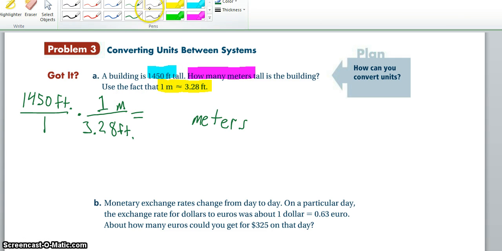Take that from someone with experience. So I always advise you to use these labels. When we multiply through, we get 1,450 divided by 3.28, which gives me right about 442.07 meters.